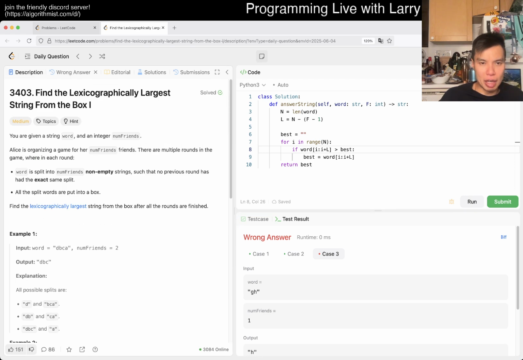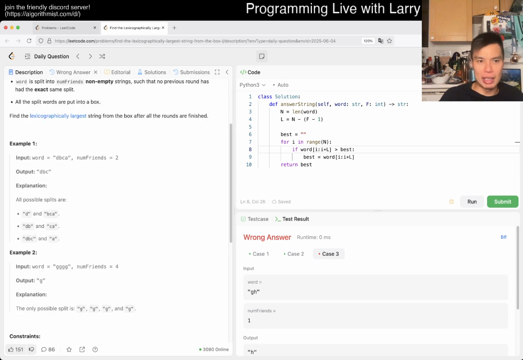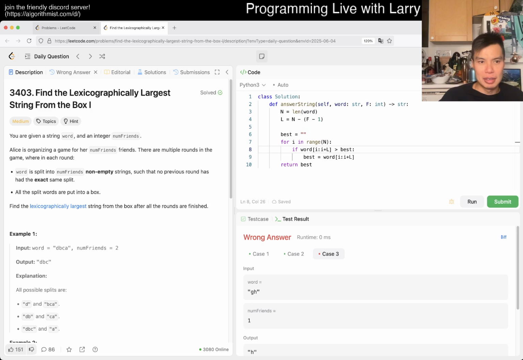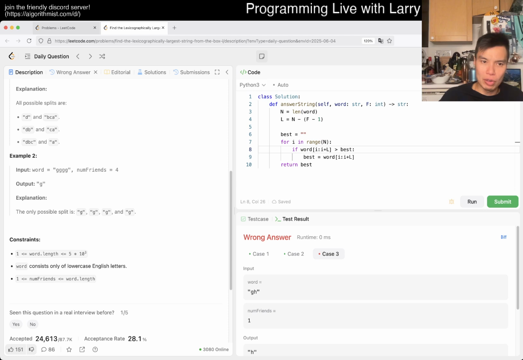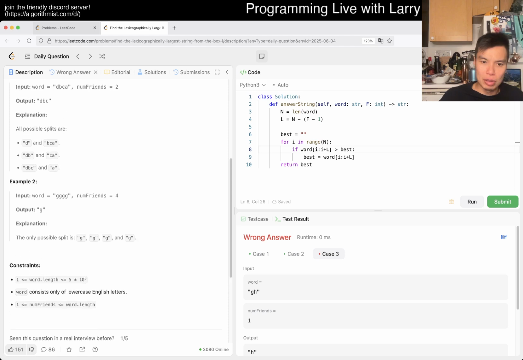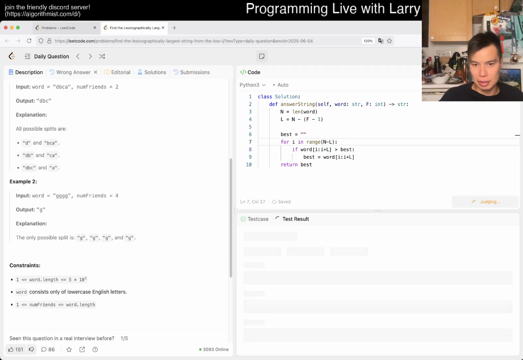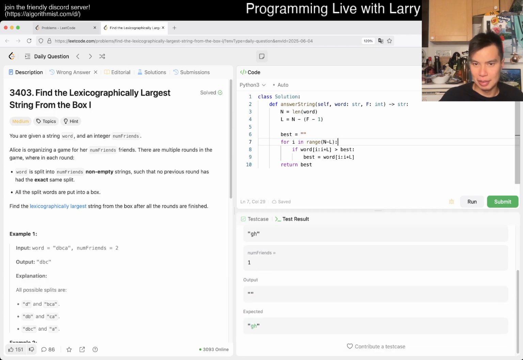If you have one friend, oh, I guess L is equal to 1 is the exception case, because if L is equal to 1, then you don't do anything. You don't split at all. Yeah, okay. The reason why this doesn't work is because I thought that you could split, and as a result I didn't check the bounds, so this should actually be n minus L, and I think that's fine, right? Or is it n minus L plus 1?